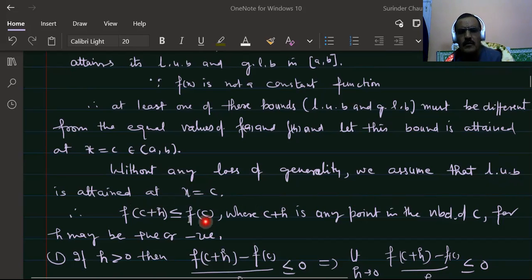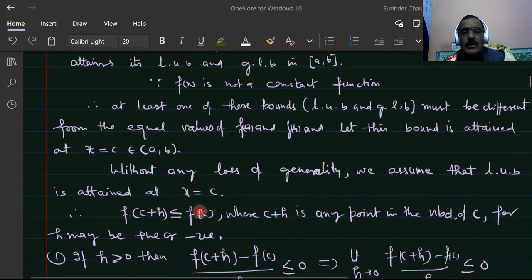Then for all x belonging to [a, b], f(c) will be the largest value. Therefore, in the neighborhood of c, f(c + h) will be less than or equal to f(c), where c + h is any point in the neighborhood of c: in the left neighborhood if h is negative, and in the right neighborhood if h is positive.